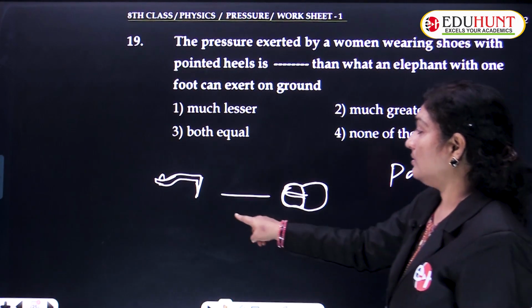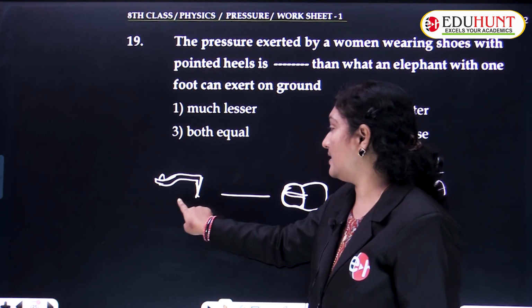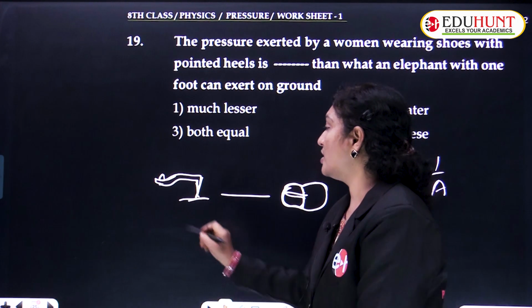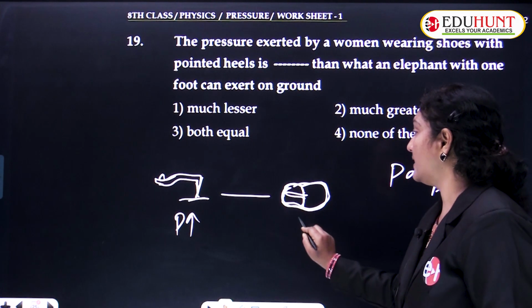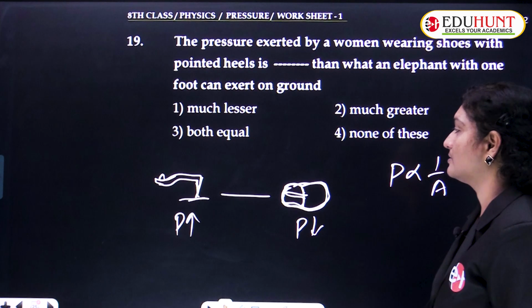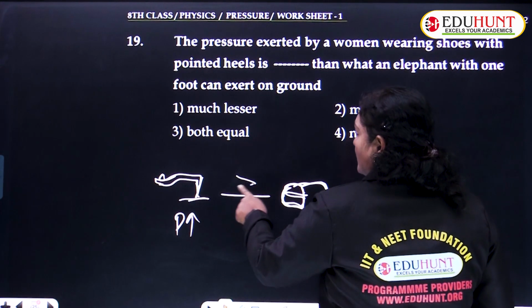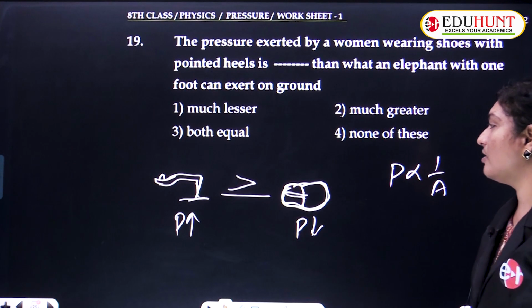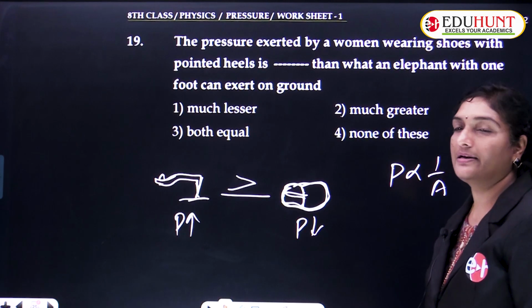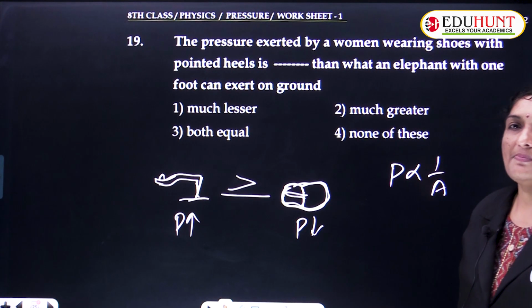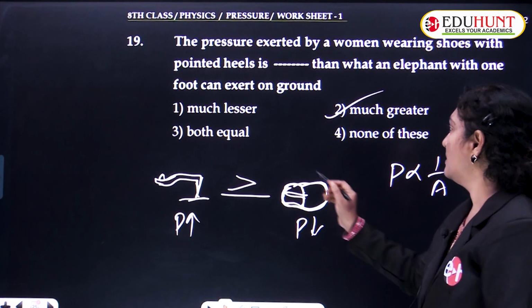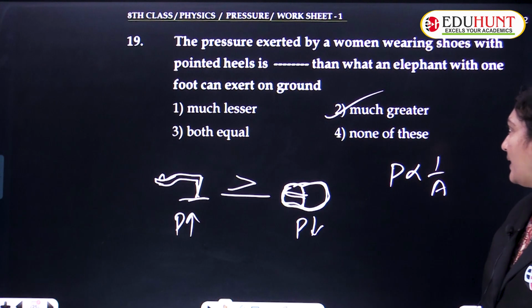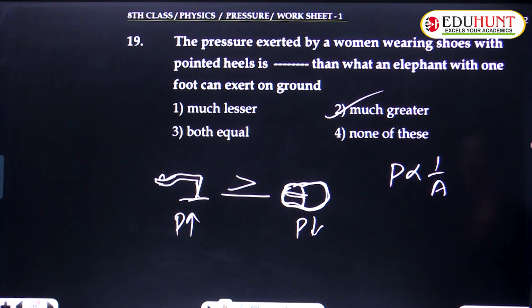Anyhow, because of less surface area in contact, the pressure will be larger. Large surface area in contact, the pressure will be lesser. So the pressure exerted by the woman on the ground will be much greater as compared to the pressure exerted by the foot of an elephant on the ground. So the correct option is much greater as compared to the foot of the elephant. So second option must be true.